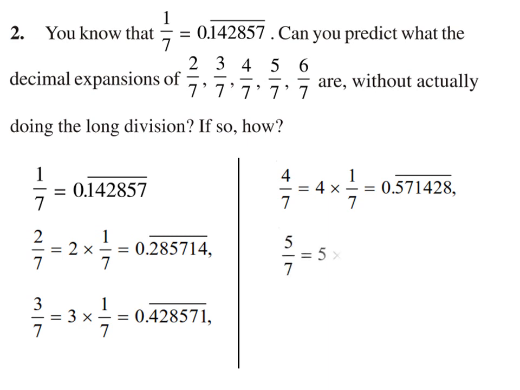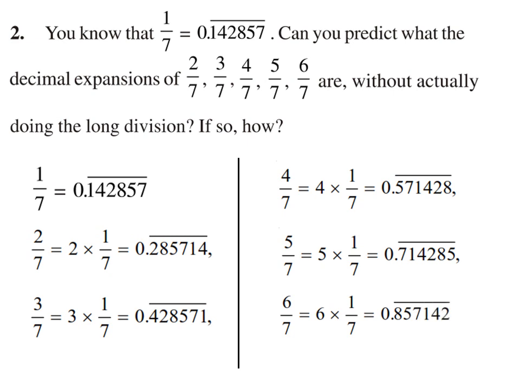Similarly 5 by 7 can be written as 5 into 1 by 7, which will become 0.714285 bar. Next 6 by 7 can be written as 6 into 1 by 7, which equals 0.857142 bar. So you just have to multiply the repeating decimal expansion with that number and you will get the answer. So all the decimal expansions will be non-terminating recurring.